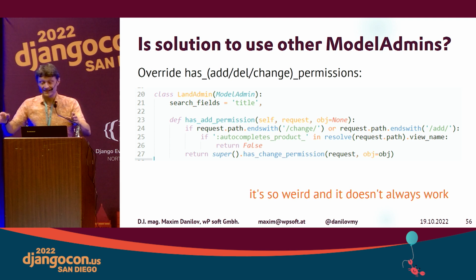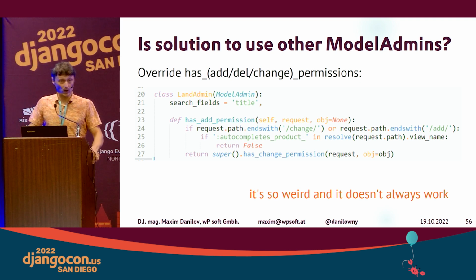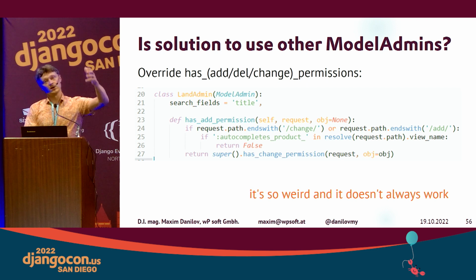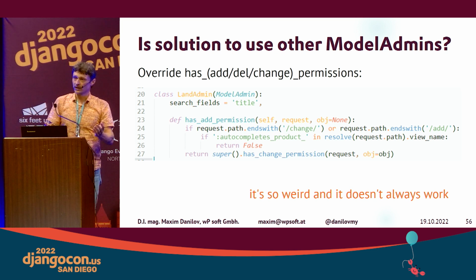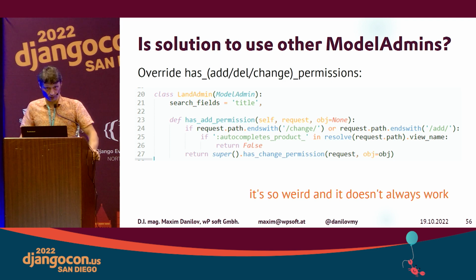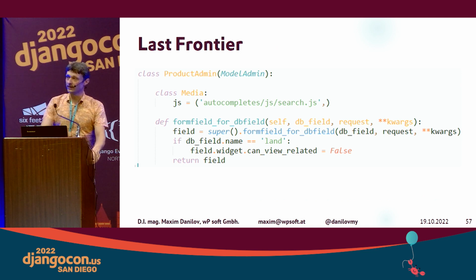It works, but not always. Why? For auto-created many-to-many relations, to check permission, Django uses one special function which checks full permission, not directly change or delete or add, full permission. And if I have, for example, view permission true, I again receive the full buttons inline. It doesn't always work.